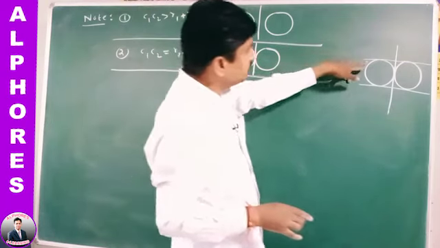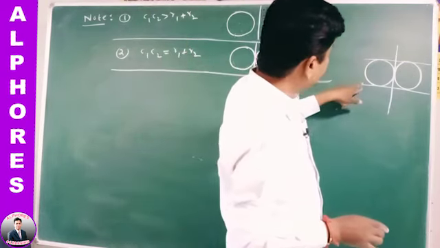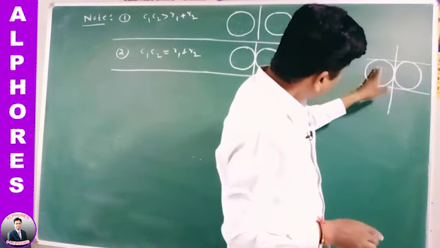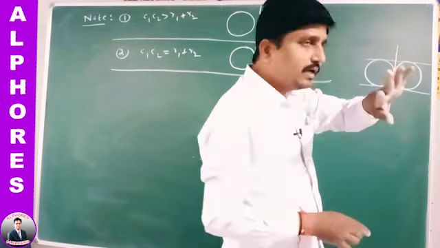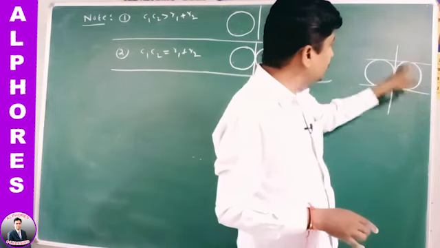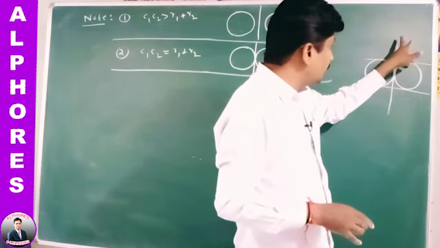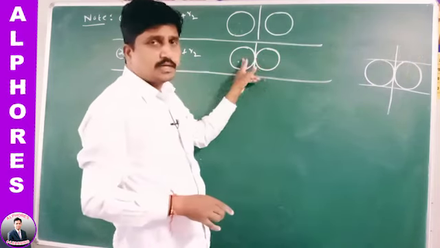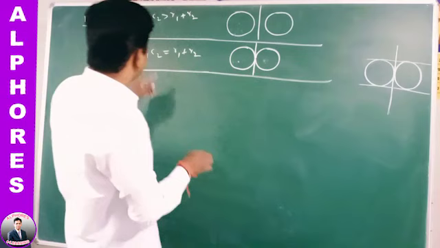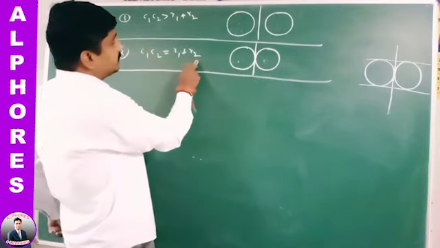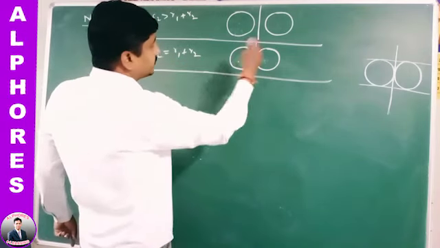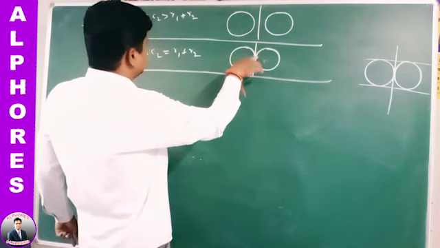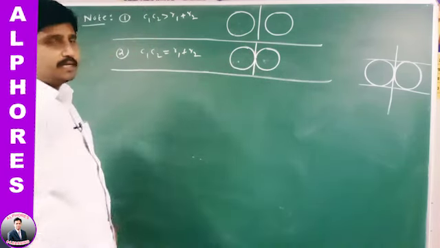These two direct common tangents are not the radical axis of these two circles. So if C1 C2 equal to R1 plus R2, the two circles touch each other externally. In this case, the common tangent at their point of contact is the radical axis of the two circles.